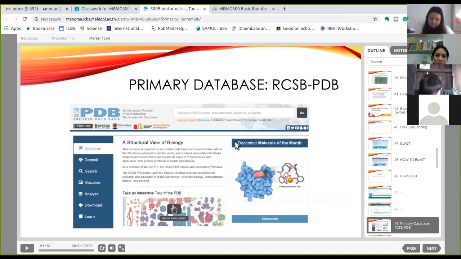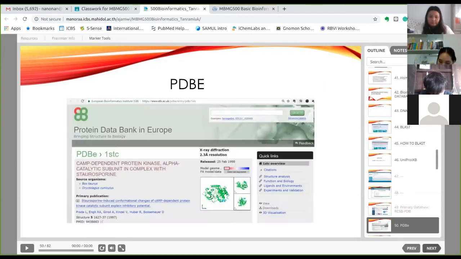So the primary database for structure is called RCSB Protein Data Bank. In Protein Data Bank, it will consist of a 4-letter code that you can search for the protein structures. PDBe is a European version of RCSB Protein Data Bank, so it stands for Protein Data Bank in Europe.